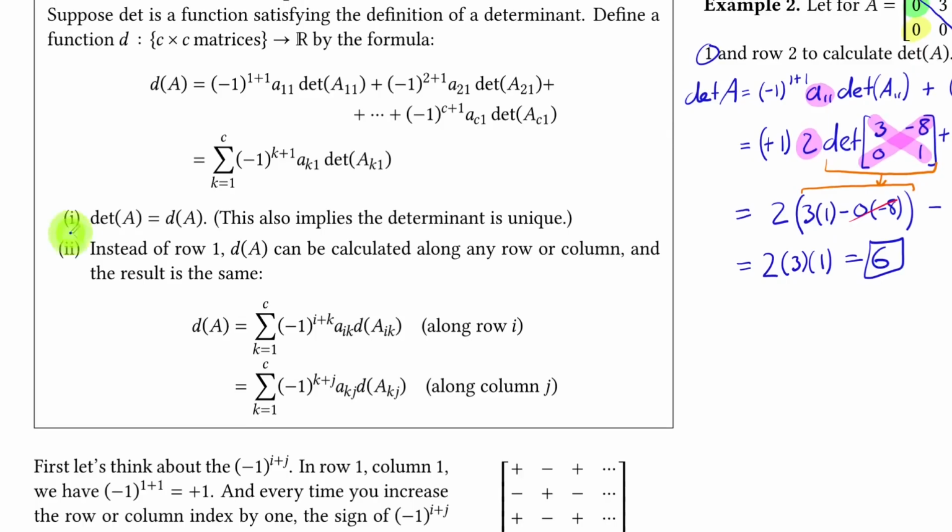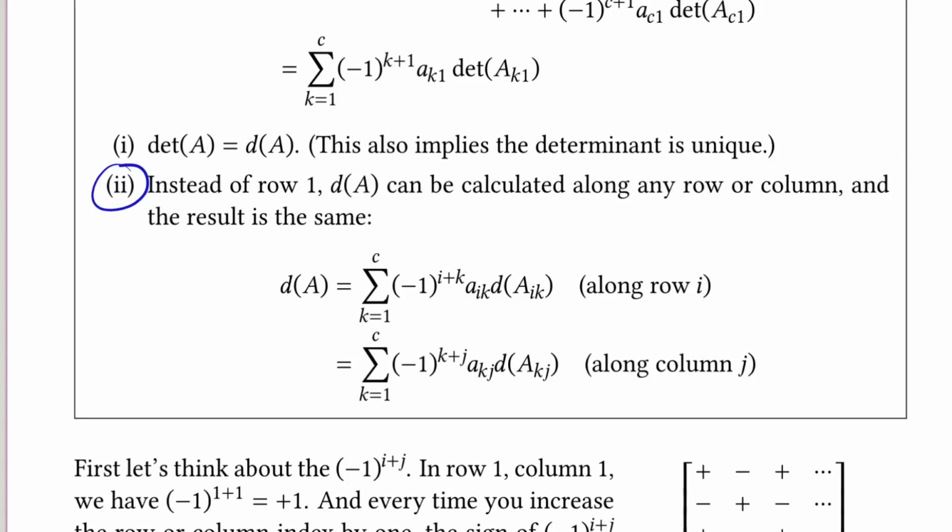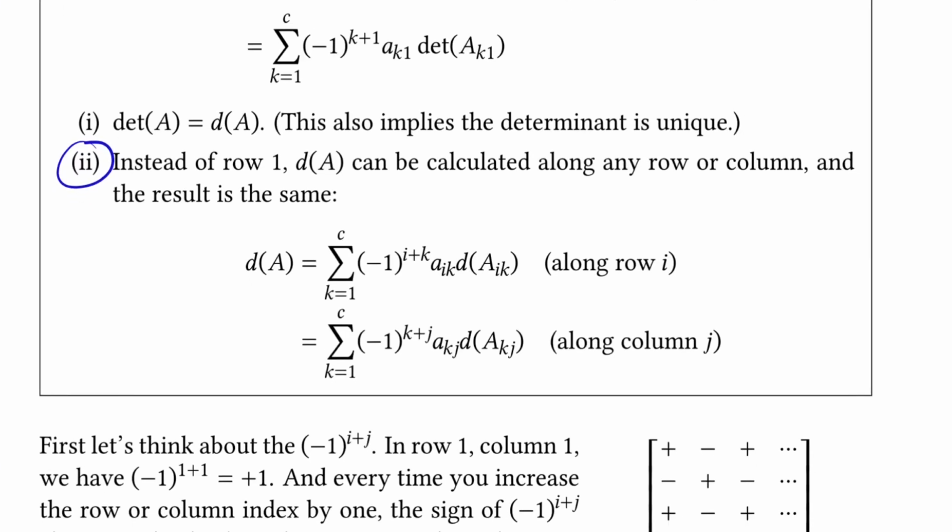Now, part 2 of the theorem tells you this kind of remarkable fact. This is another thing about determinants that I think is really weird. There is actually a proof in the book of this, if you're interested. But this says that instead of row 1, the determinant can be calculated along any row or column, and the result is the same.